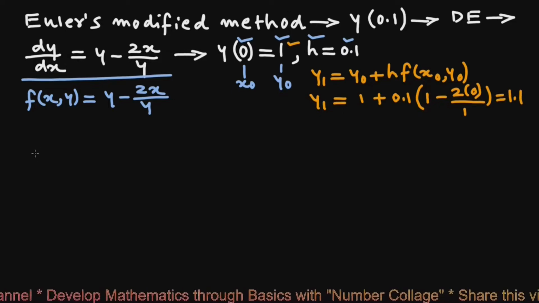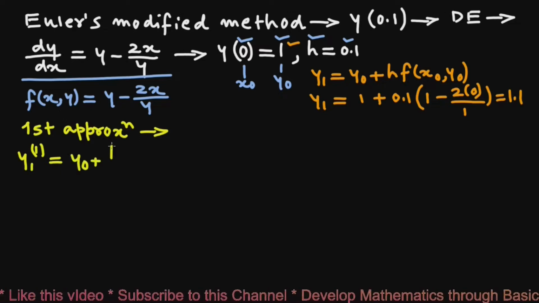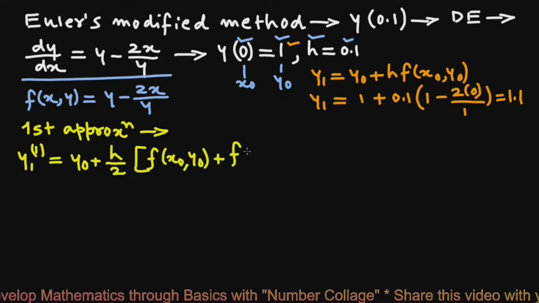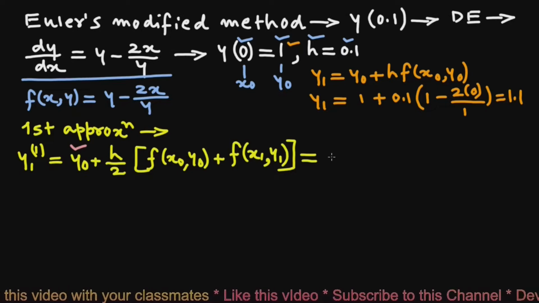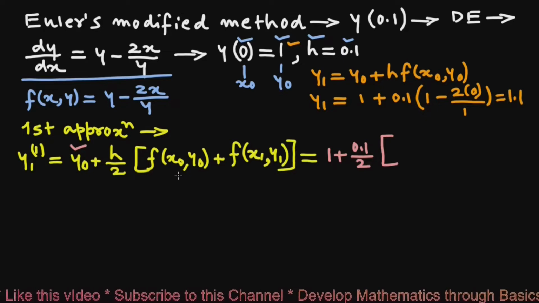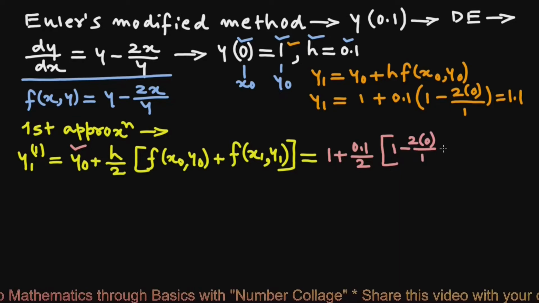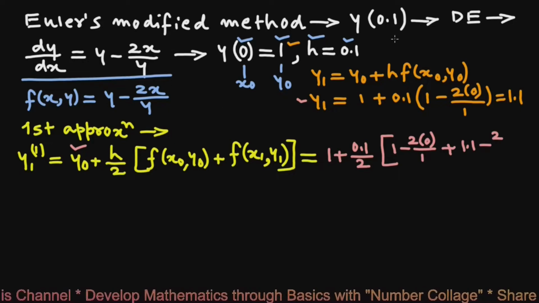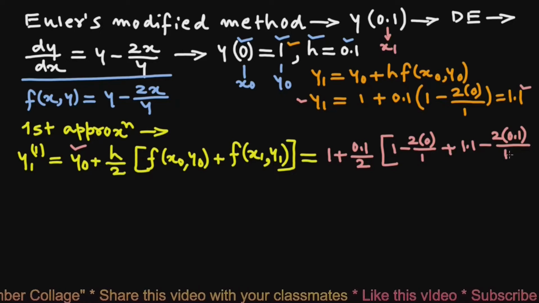Now we write the first approximation y1^(1) equals y0 plus h upon 2 times [f(x0, y0) plus f(x1, y1)]. That will be y0 which is 1, plus 0.1 upon 2 times [1 minus 2 into 0 upon 1, plus y1 which is 1.1 minus 2 x1 which is 0.1 upon y1 which is 1.1 again].